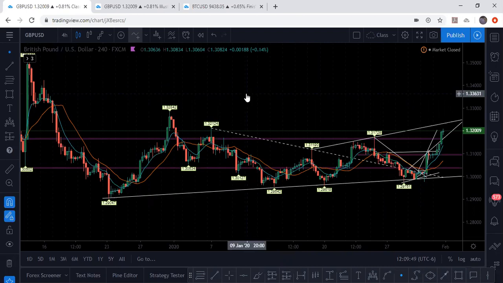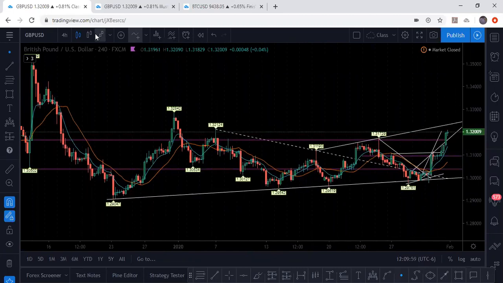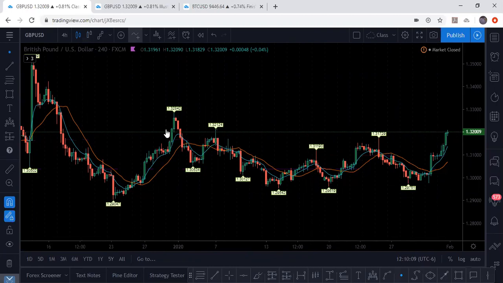If you don't have TradingView, I would encourage you to sign up for the free plan and get access to the tools. You see all the way up here, I use Renko, I use Heikin Ashi, I use the normal candle. Let me take all of these things off.